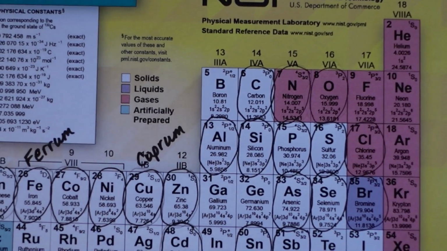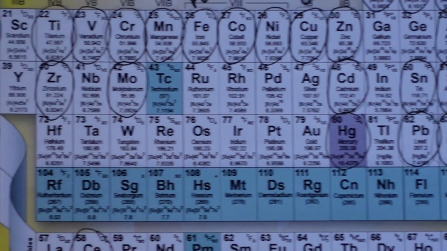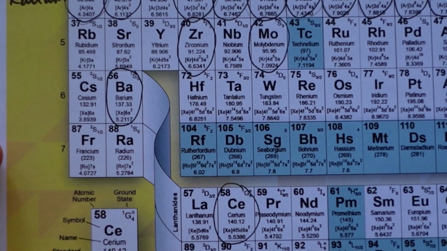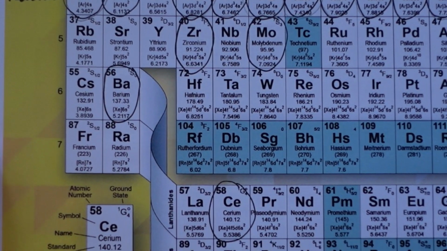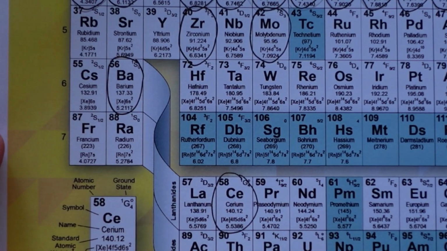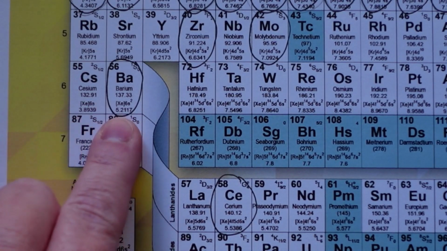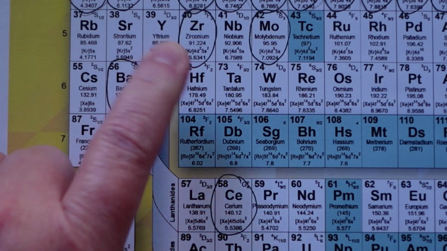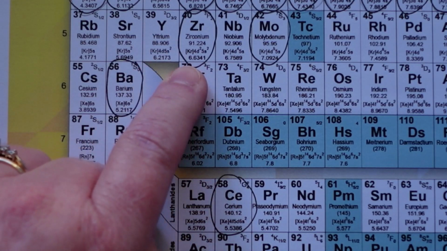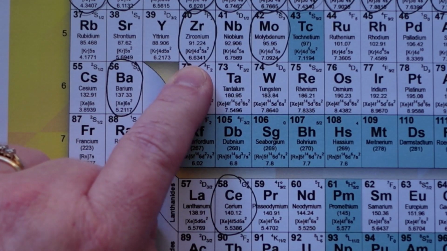So, just a few more to look at here. I'm going to slide over. Try and make it straight. Barium, Ba, that's another one that we'll see in some of our formulas. Zirconium, yes, cubic zirconia.